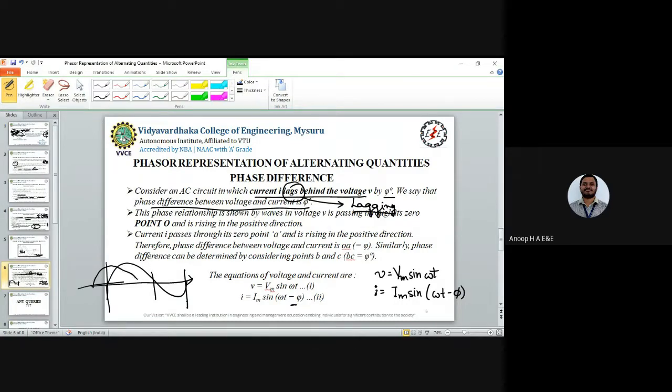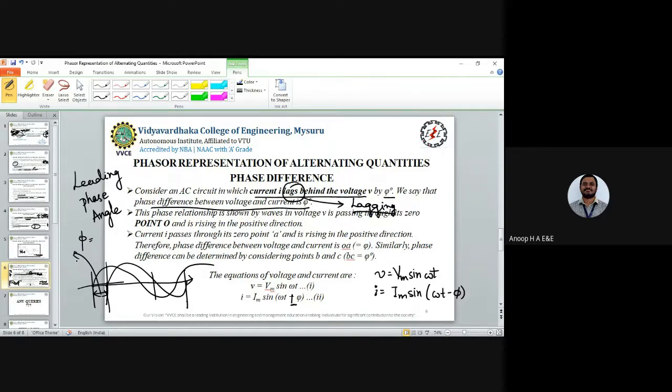This angle difference is phi, and when I write Im sine omega t plus phi, it is said to be advancing, or leading. So we call it the leading phase angle. That is what we call here the leading phase angle.